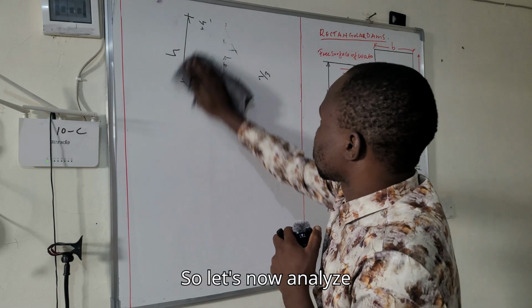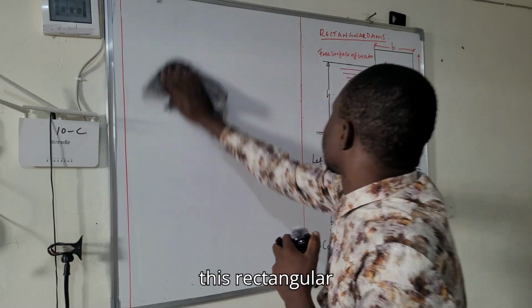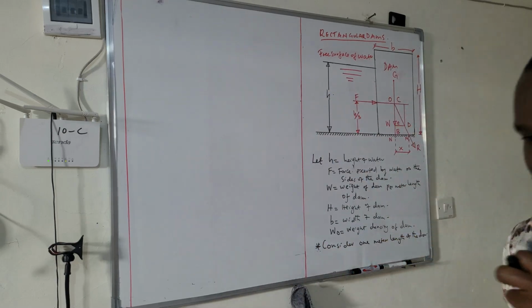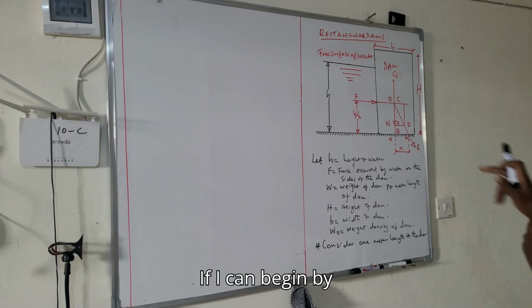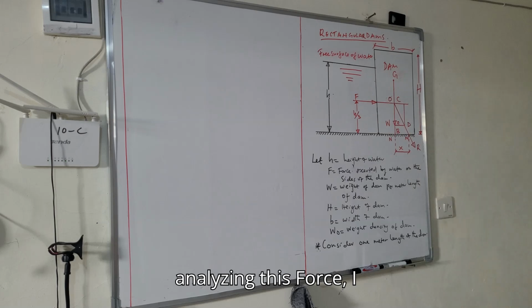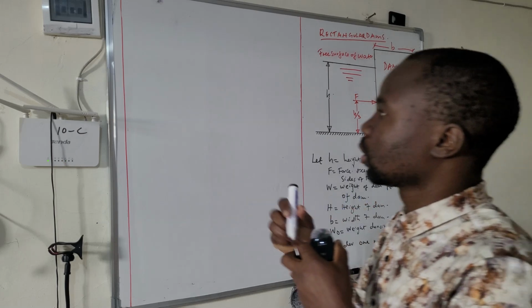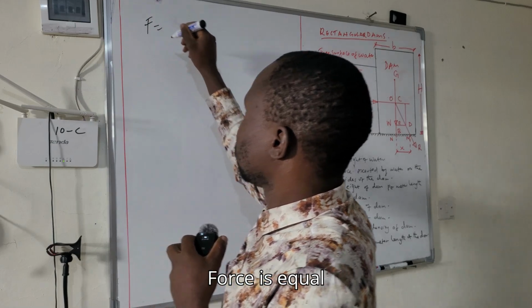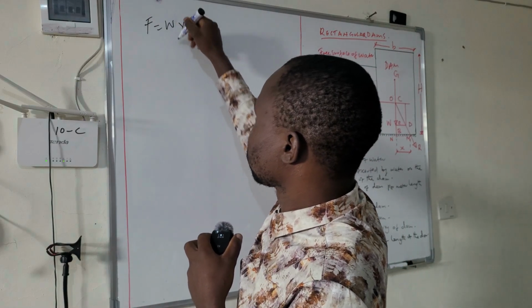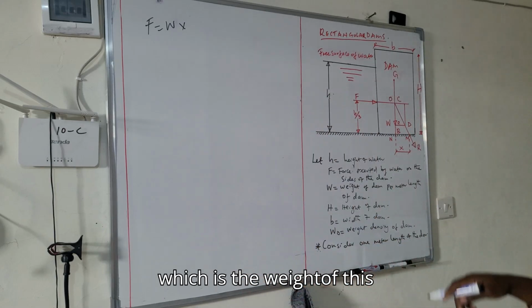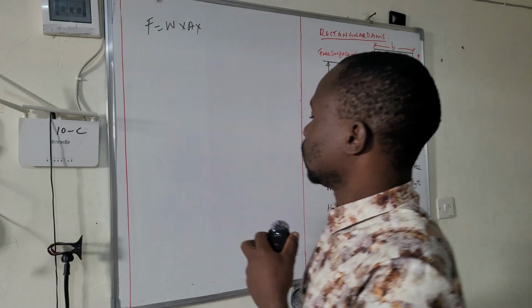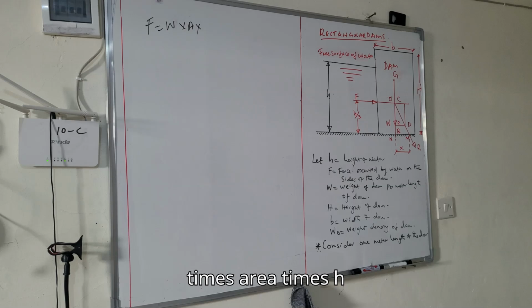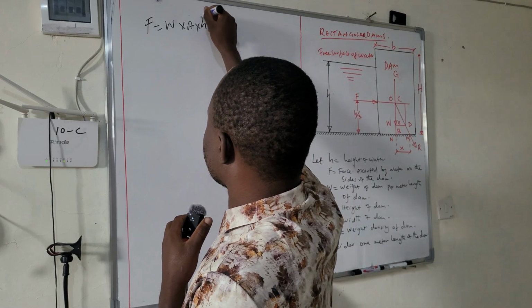Let's now analyze this rectangular dam. If I begin by analyzing this force, force is equal to W, which is the weight of this water, times area times h bar.